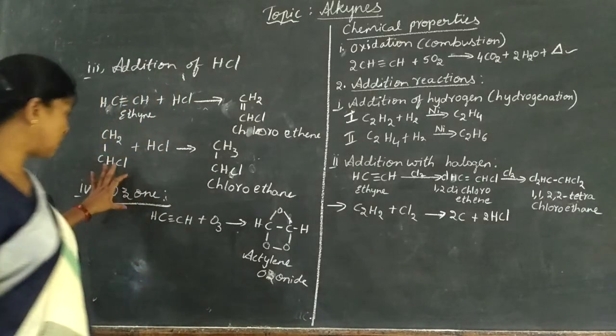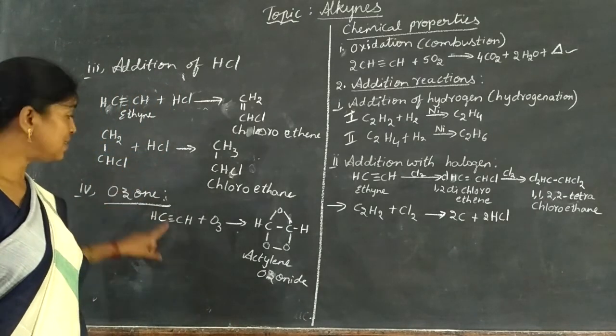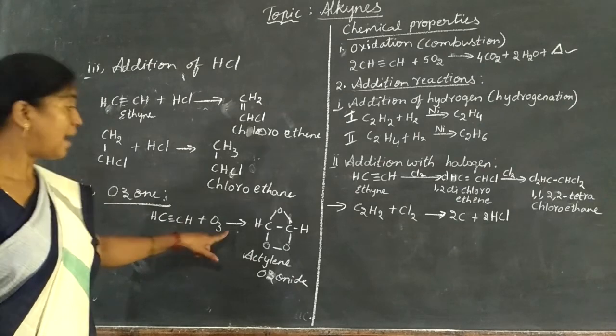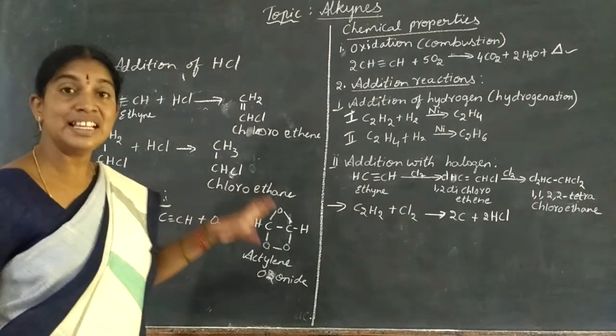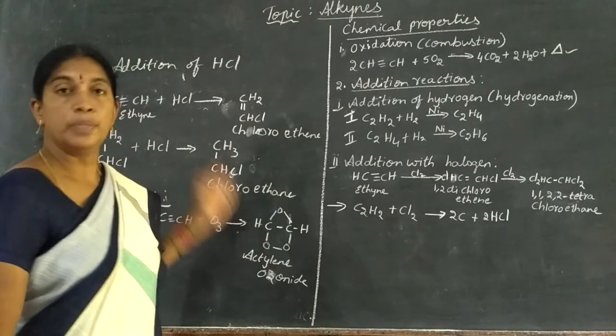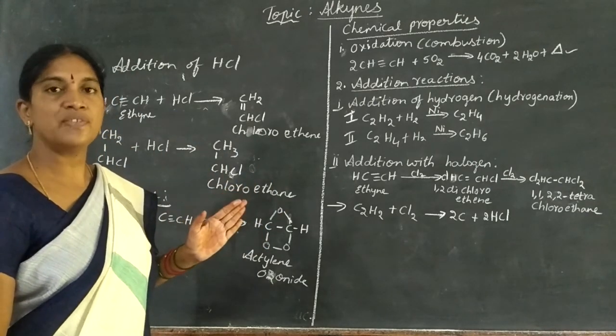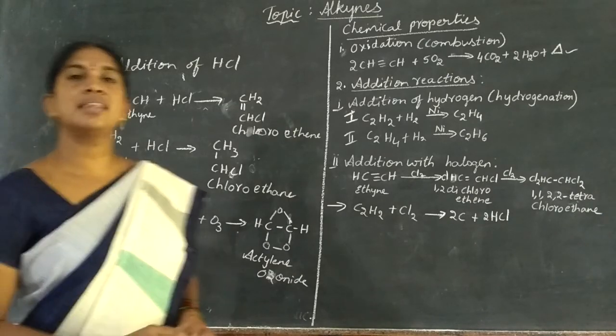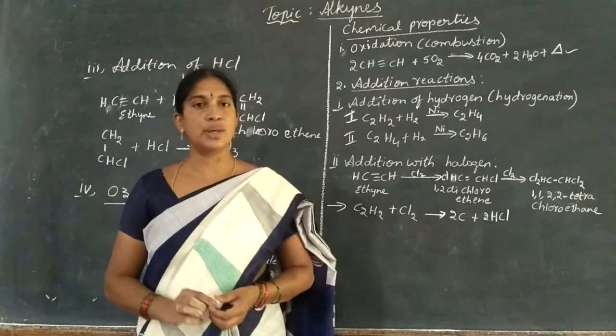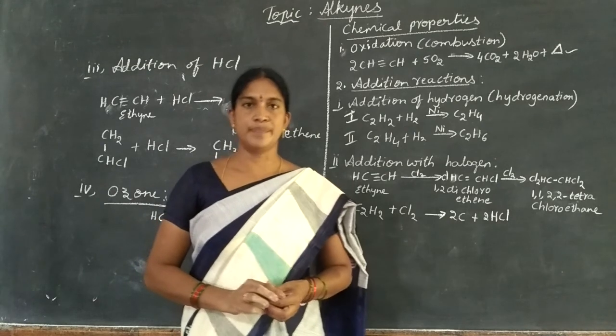Understand? So with ozone, acetylene will take reaction and forms acetylene ozonide. And as this is an addition reaction, the breaking of the triple bond will take place and forms all single bonds. These are the physical and chemical properties and uses of alkynes. Thank you, children.